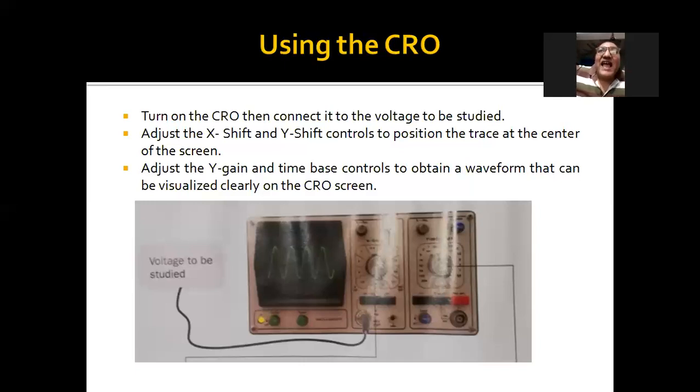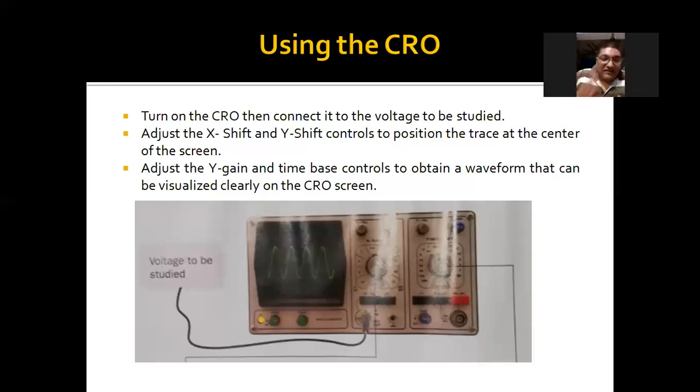Then we have two more controls on the CRO. One is called Y gain, and the other control is called time base. The Y gain is actually the scale for the Y axis.